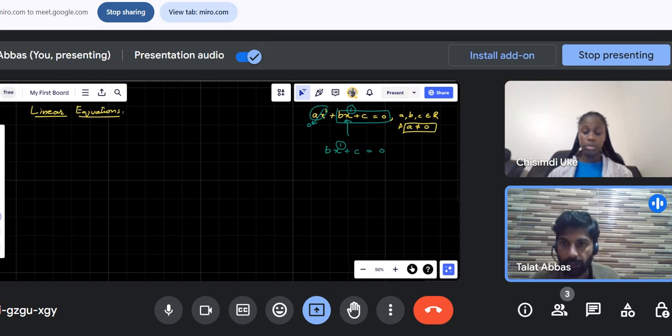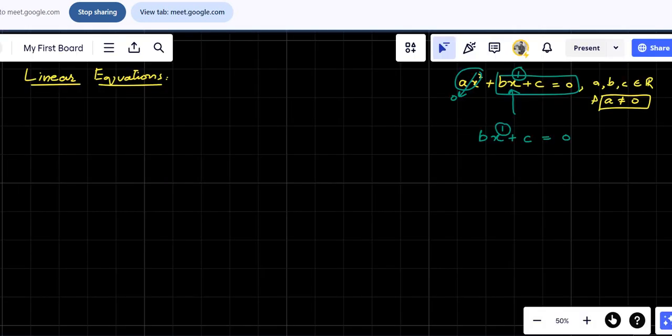For example, an equation of degree 1, such as x plus y equals 3.